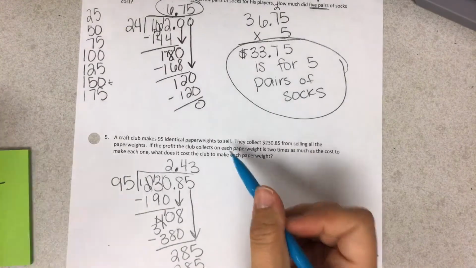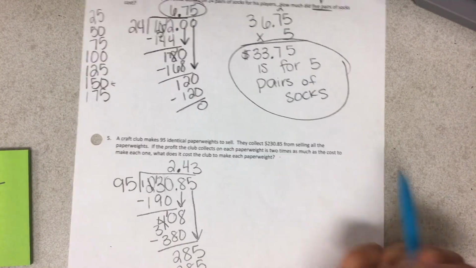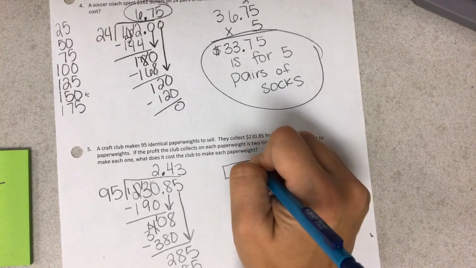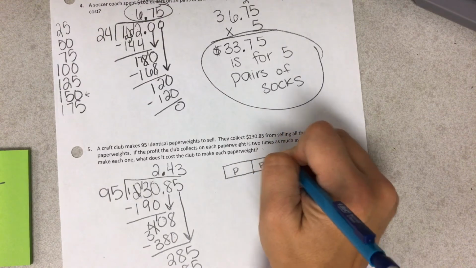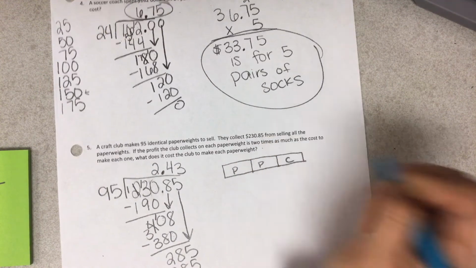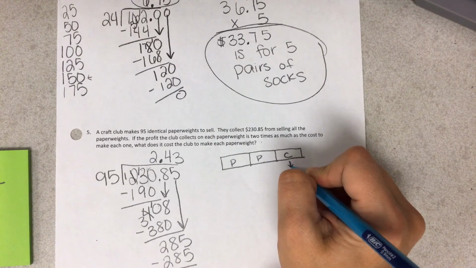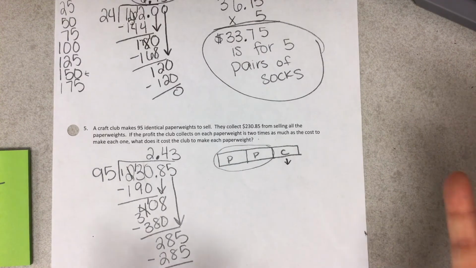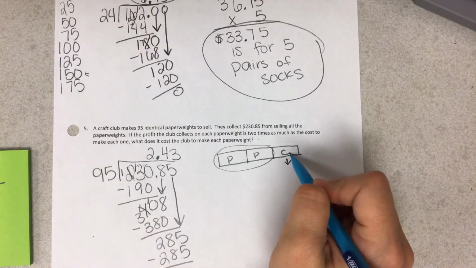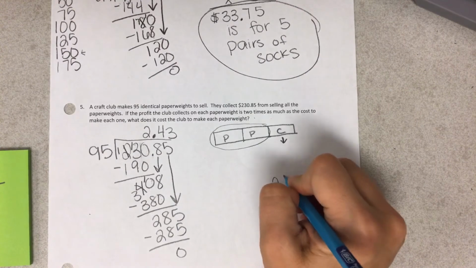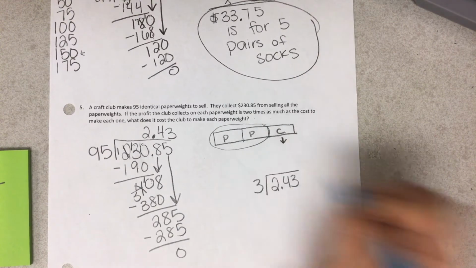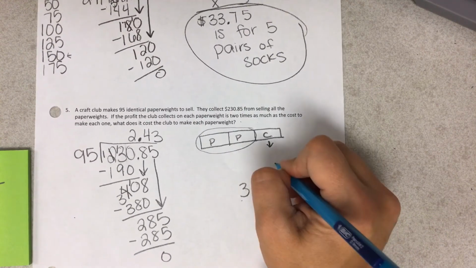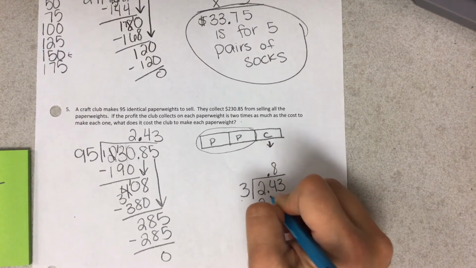All right. But this says the profit is 2 times as much as the cost, so here's my profit, but you also have to remember that you have to figure out the cost. I'm not going to necessarily divide it by 2 because I also have to include that cost in there. I'm going to take this $2.43 and divide it by 3. 3 can't go into 2, but 3 can go into 24, and it goes in 8 times. 8 times 3 is 24.